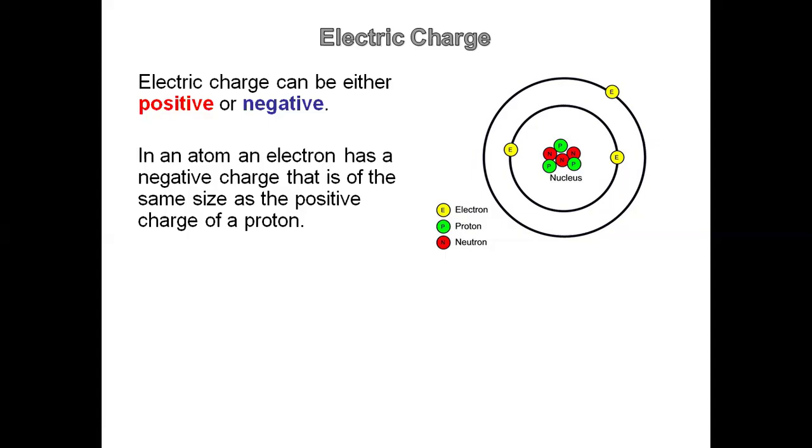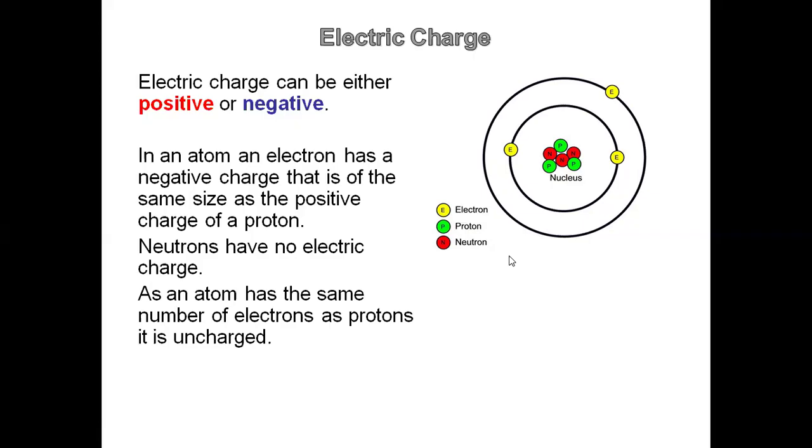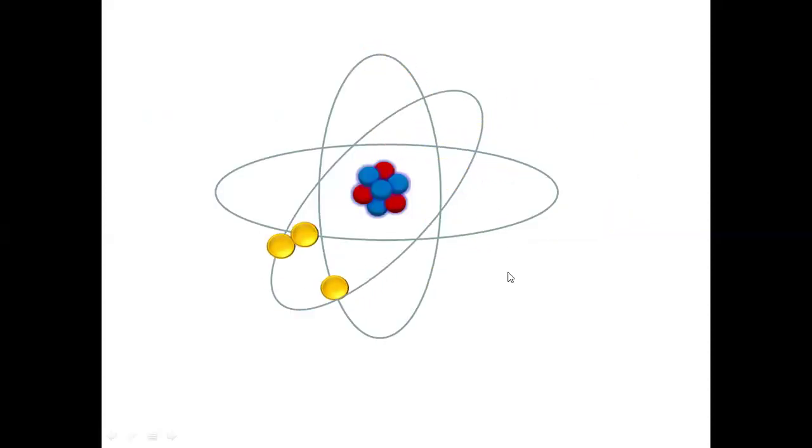The amount of charge on proton and electron is the same, but the signs are opposite. Neutrons have no electric charge. So an atom is electrically neutral because a neutral atom has the same number of protons and electrons. Electrons revolve around the nucleus, and protons and neutrons stay in the nucleus.